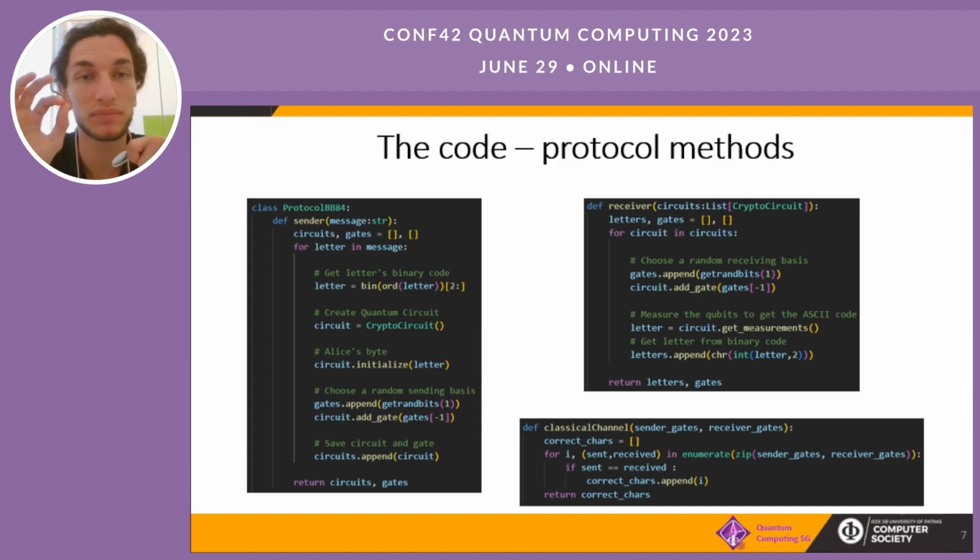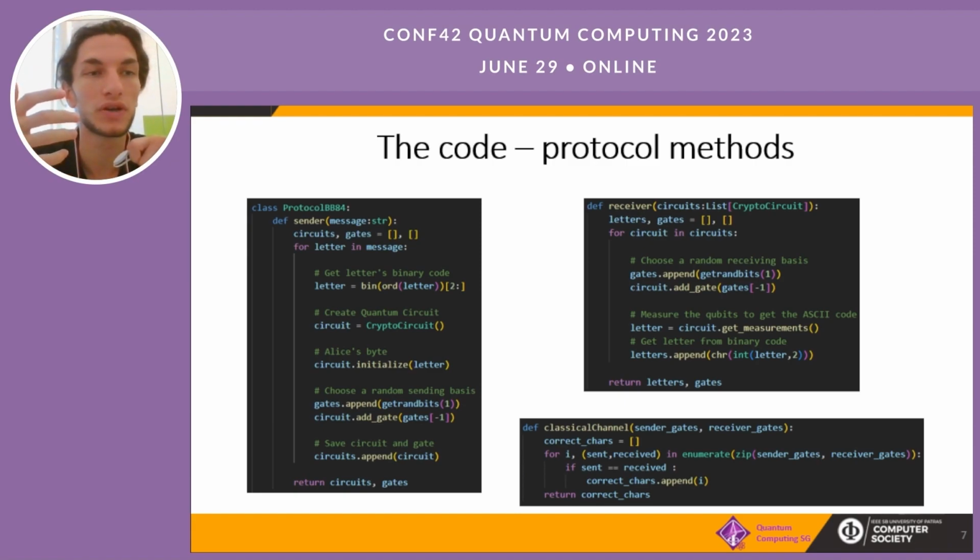For each character of the message, it creates the quantum circuit, initializes it to the corresponding ASCII code, applies at random the Hadamard or identity gate, and returns an array of the circuits and one of the gates that were used.